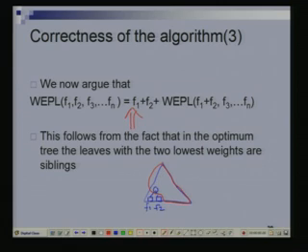Okay, so for this entire tree, iska weighted external. Now I'm just looking at the remaining tree. This is a tree and let me give this node a weight equal to f1 plus f2. Right?